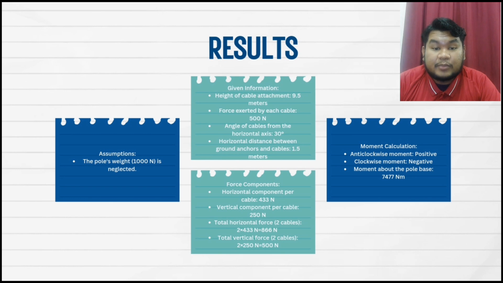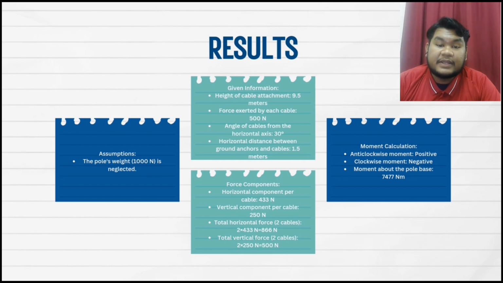For the vertical components of each cable, we found out that it is 250 newtons. So now the total horizontal force is times 2 as there are 2 cables, so it will be 866 newtons. Same goes for the vertical forces. Since there are 2 cables, it will be 500 newtons in total.